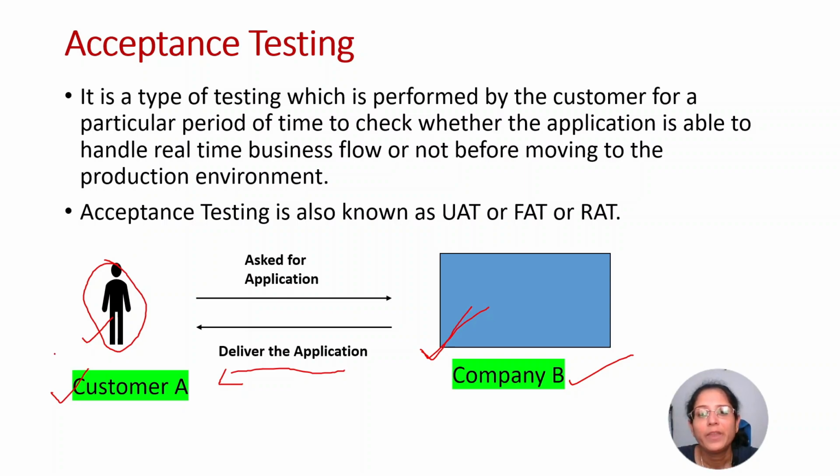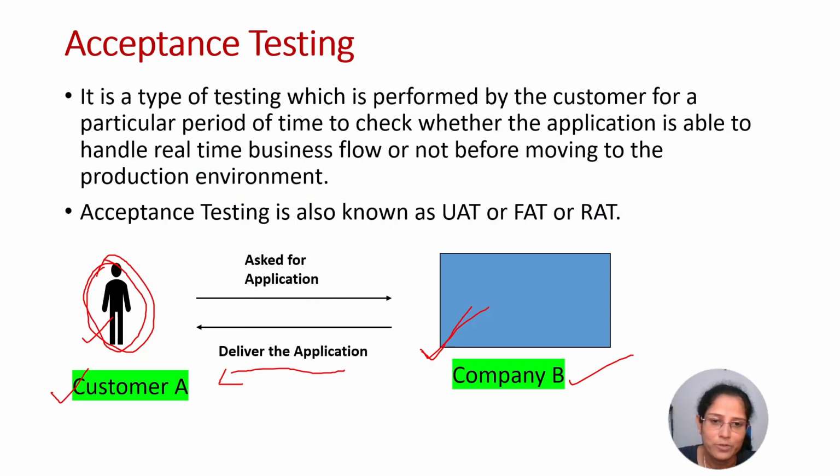Now understand, there are different approaches to perform acceptance testing. Approach 1 is, as I already told, from the customer side there will be a group of testers who will have a set of business scenarios, so that they are going to execute for this application, and they will ensure whether the application meets the customer requirement or not.